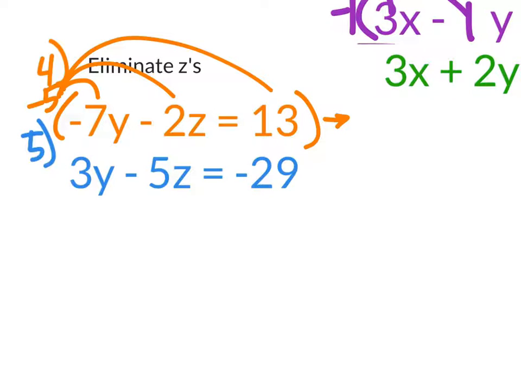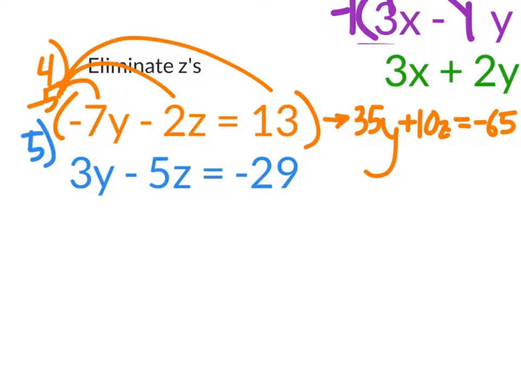So negative 5, let's just go through this. Negative 5 times negative 7y would be positive 35y. And then negative 5 times the negative 2z would be a positive 10z. And then negative 5 times the positive 13. So this equals, now it's a negative 65 right there.